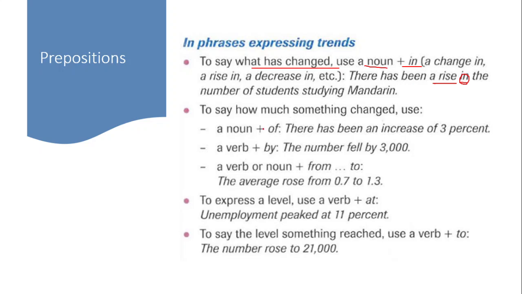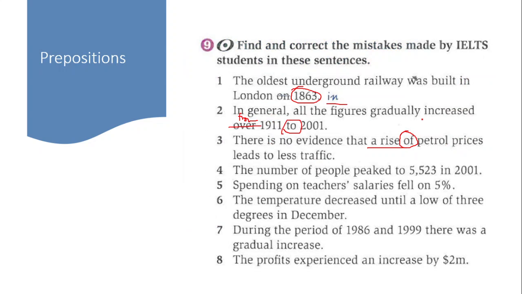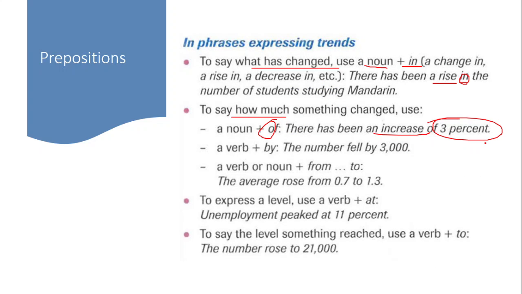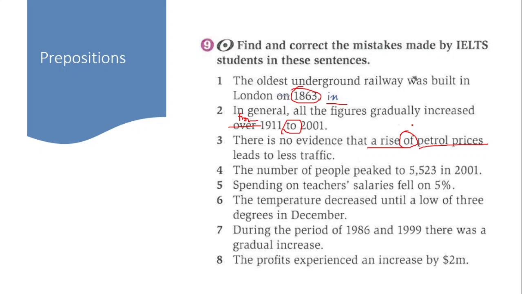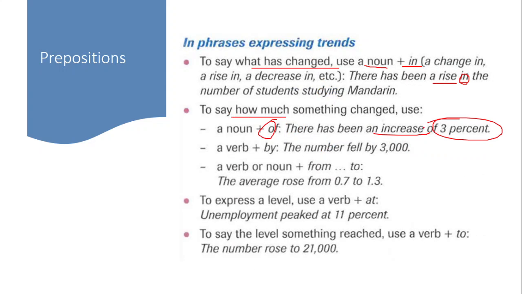Because when we use of, we talk about how much. An increase of 3%. In this one, we talk about the petrol prices. So it's what has changed. Yeah, the first one, the rise in petrol prices.